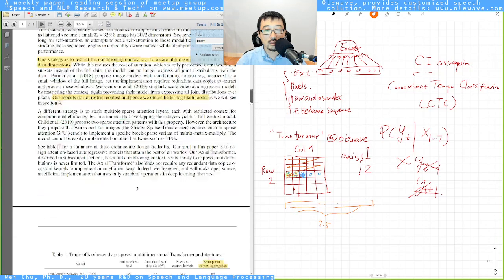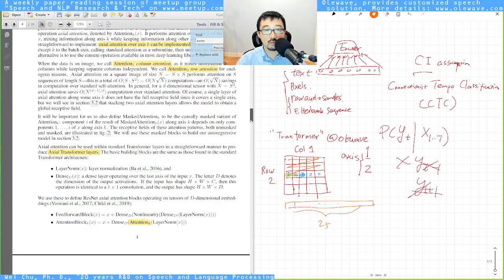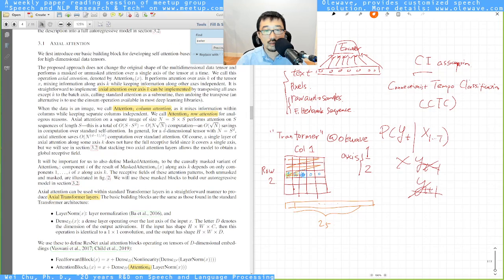So axial attention is finished, and after they define this, they start to introduce their axial transformer layers. Remember, in the standard transformer decoder, it is composed of transformer layers.